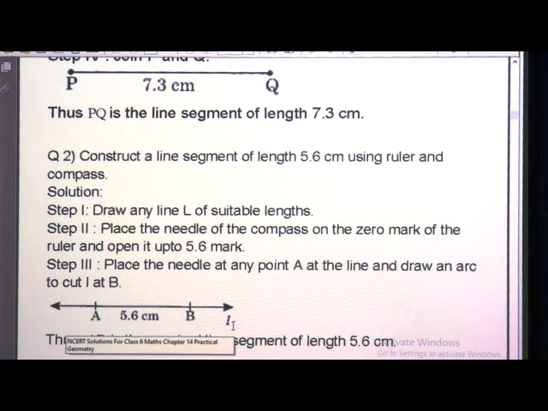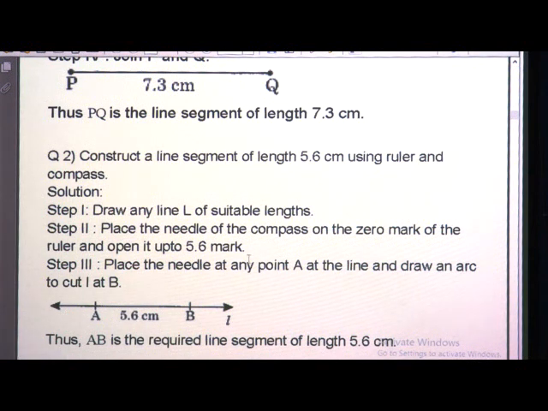Then step 2, place the needle of the compass on the 0 mark of the ruler and open it up to the 5.6 mark. So, we have taken a ruler, placed the pointer at the 0 mark, and taken 5.6 centimeters.